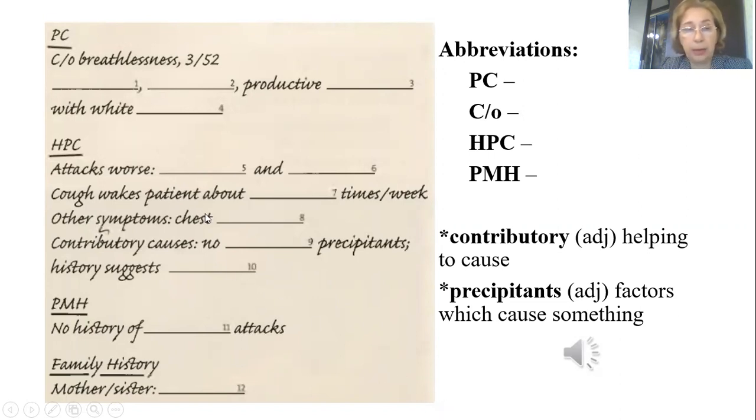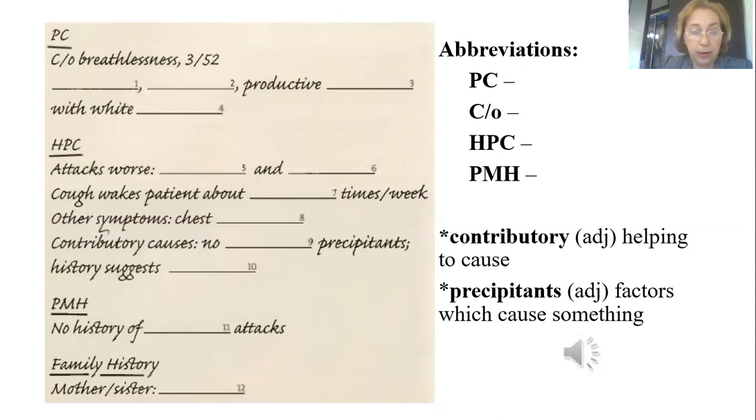Well, who can help us with number 5 and number 6? Can I start? Yes, what is it? Yes, please. I think it gets worse at night and in the morning. Well, and yes, so this is tightness.